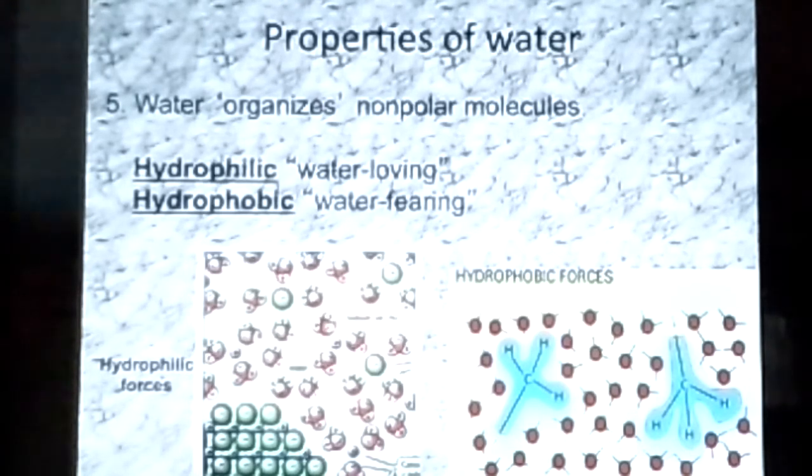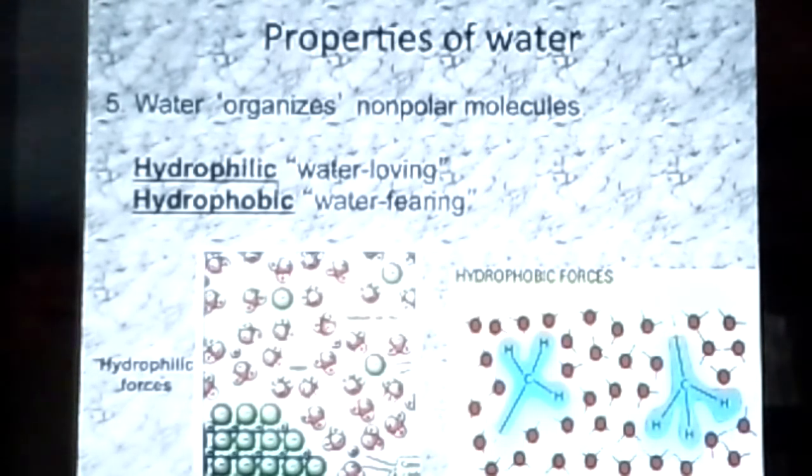Hydrophilic molecules dissolve easily in water, and what happens is, like we talked about, the positive and negative ends are surrounded by the positive and negative portions of the water molecules. They break them apart, attach to them, and that allows them to mix evenly within the water, which is dissolving.